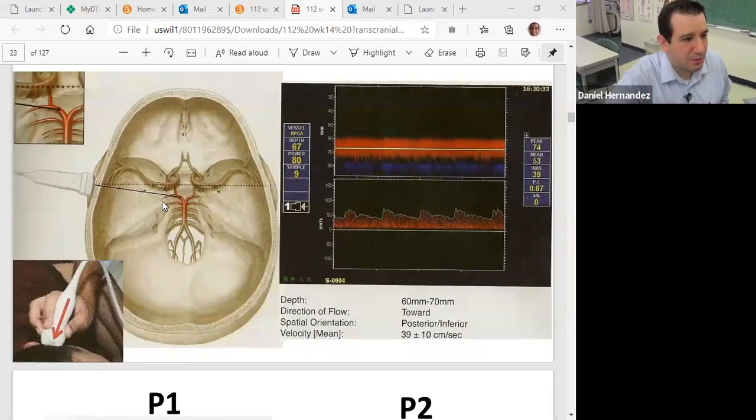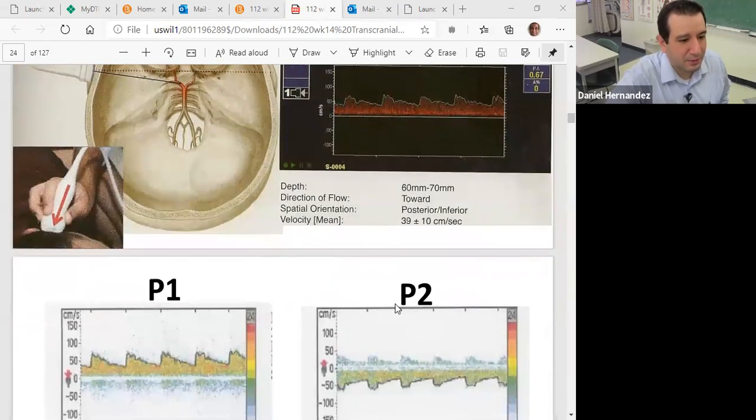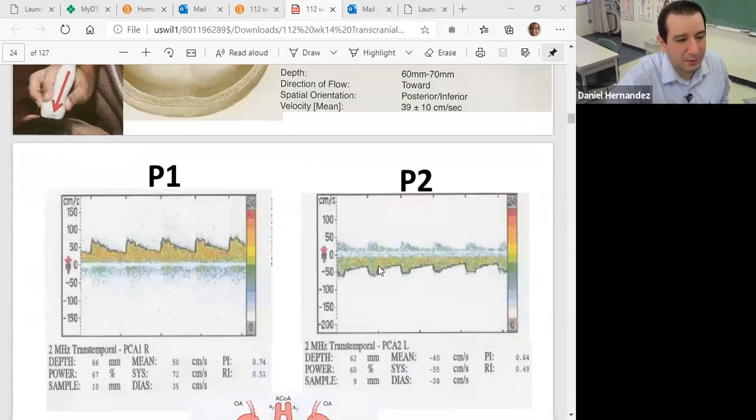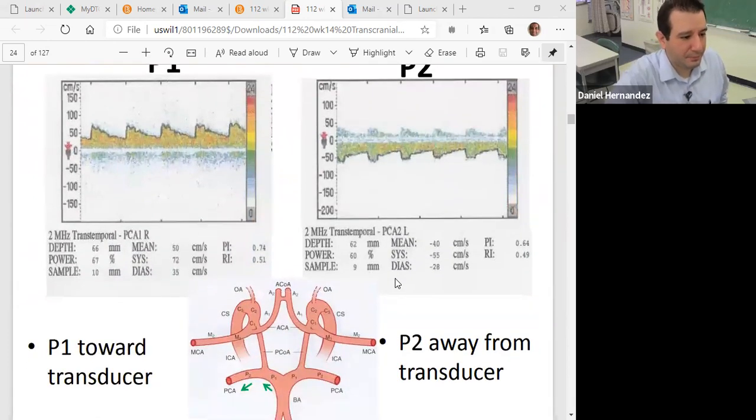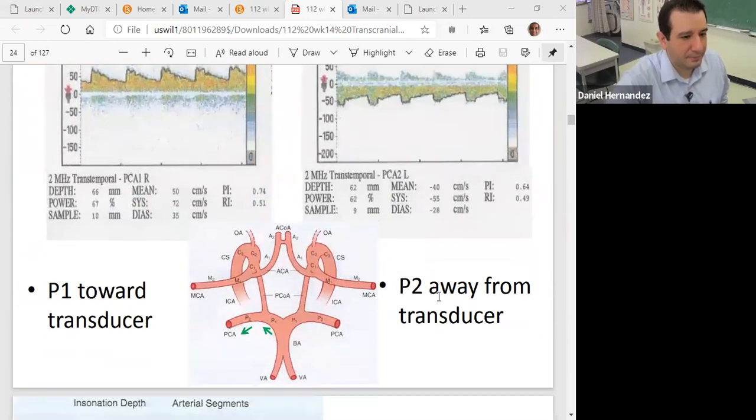If I was to image a little more lateral in the P2 segment, if I angle my transducer in that direction, blood flow would then be trailing away from me. So in the P2 segment, you get below the baseline. So P1 is towards the transducer, P2 is going to be away from the transducer.